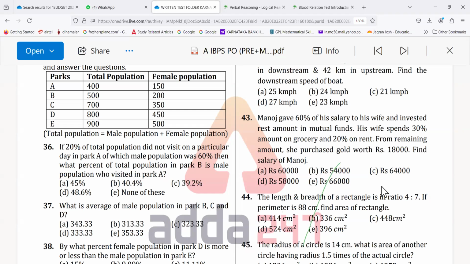Question number 43. Manoj gave 60% of his salary to his wife.